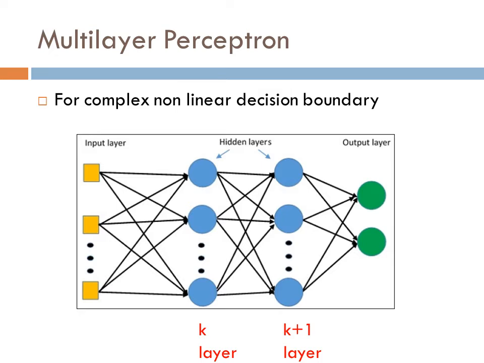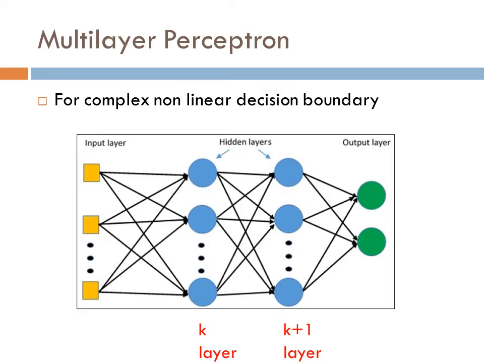For any layer, say the kth layer, the number of weight vectors is much more than what we discussed earlier in the single layer perceptron, because of the increased number of layers in between. Obviously the number of weight vectors also increases between the layers.